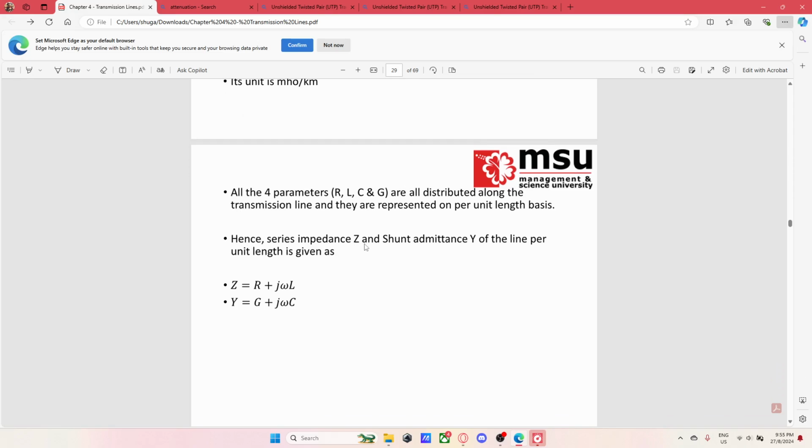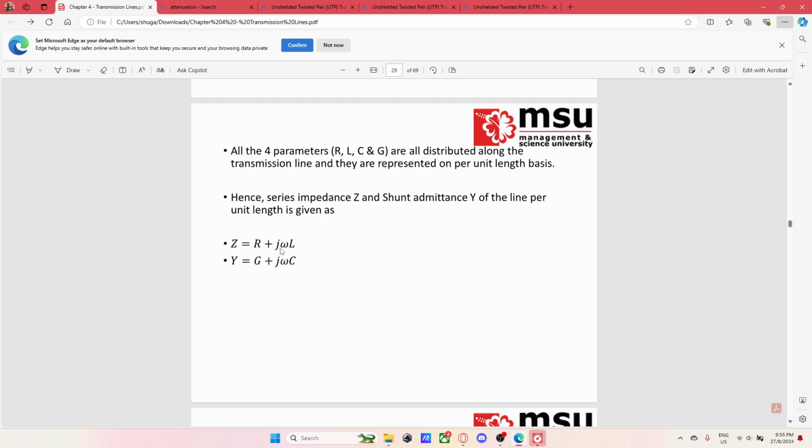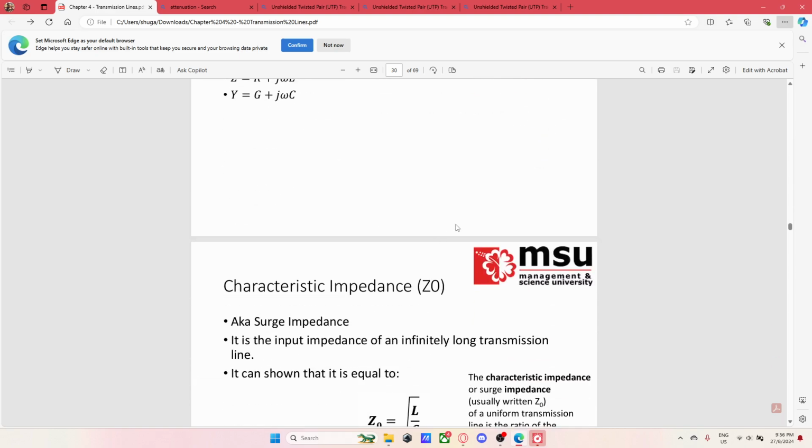So the series impedance Z and shunt admittance Y of a line per unit length are given as Z equals resistance plus jω inductance, and the admittance Y is equal to G plus jωC. So jω is a constant.